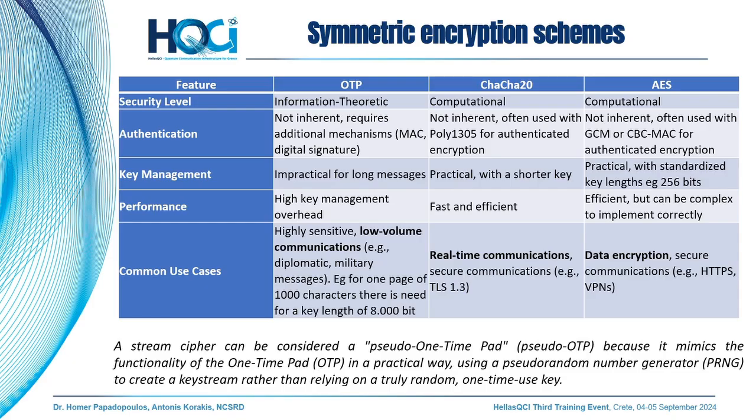But how is the other side aware of who is sending the message? In that case, if we want to use these algorithms in practice, we have to use algorithms that do the authentication. For example, for ChaCha20 we use Poly1305, for AES, GCM, etc.